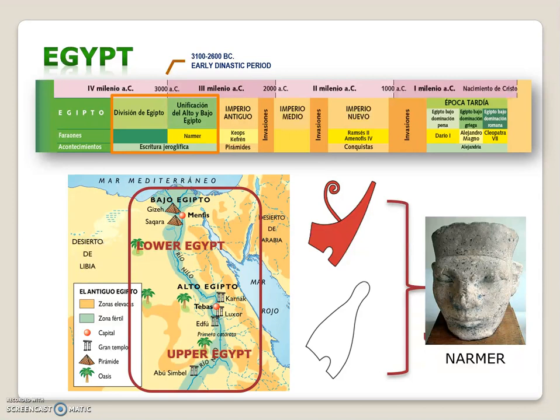A dynasty is a royal family, and that happened because from the beginning of the history of Egypt, the pharaoh was able to pass down the power to the members of the same family. These families that ruled over these 3,000 years were called dynasties. And we have 31 different dynasties ruling Egypt during 3,000 years.